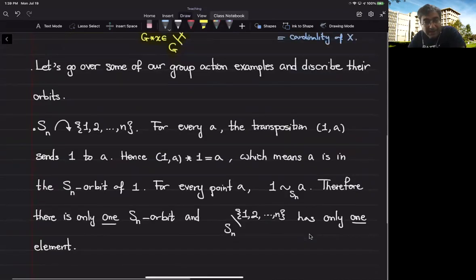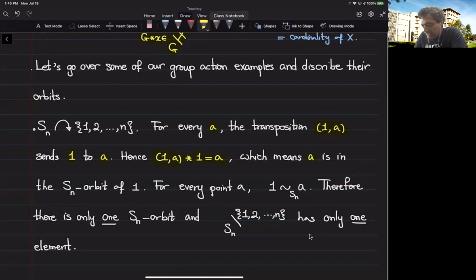Let's look at the action of the symmetric group S sub n on the set 1, 2, ..., n. We know that for every a that I give you, the transposition (1 a) flips the order of 1 and a. In particular, it sends 1 to a. Therefore, if I let this transposition act on the point 1, I end up getting a, which means a is S sub n similar to 1.